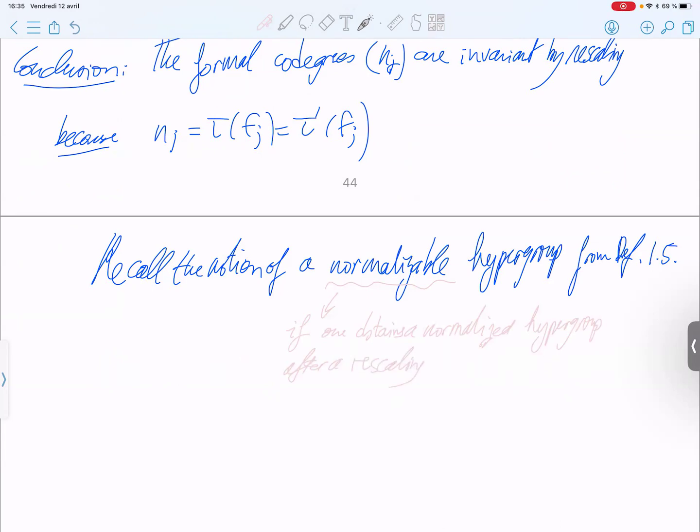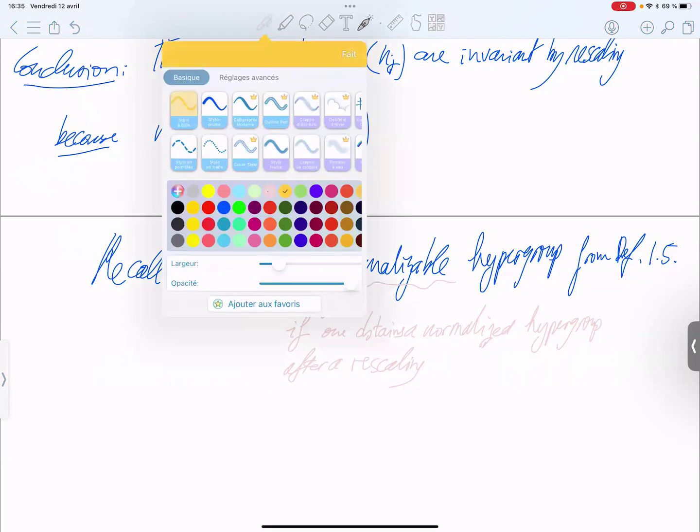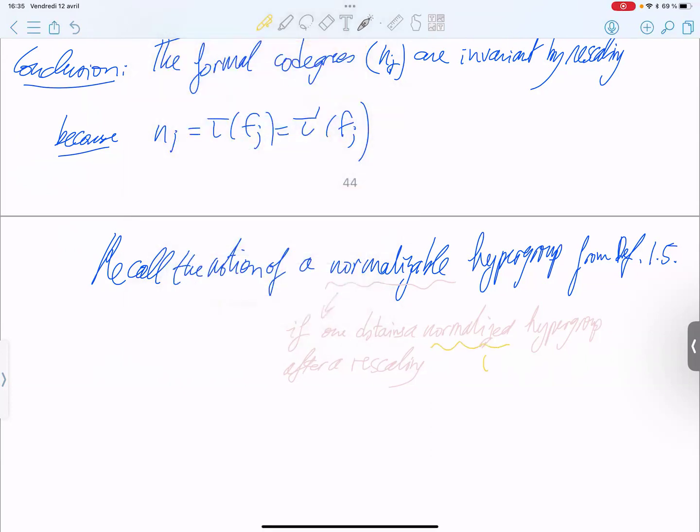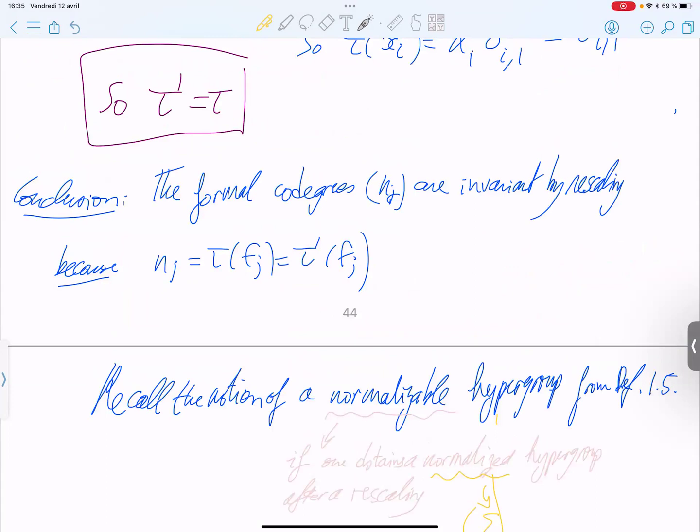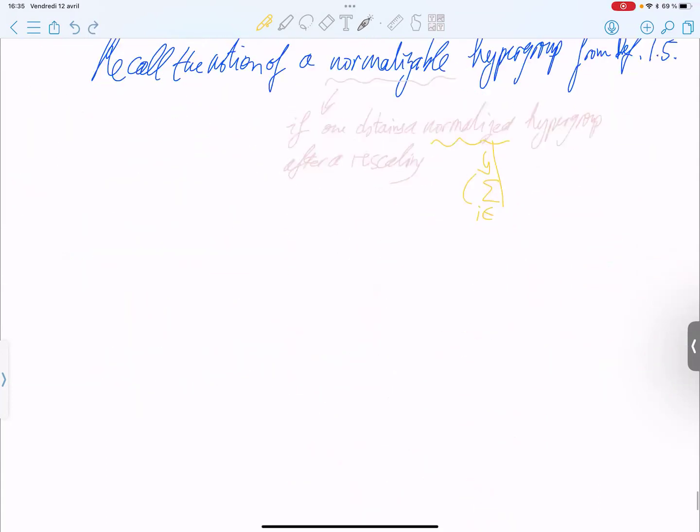And we just define what is rescaling and just what normalized means. Sum for k of n_ijk equal 1 for all i, j in I. So sum for k.